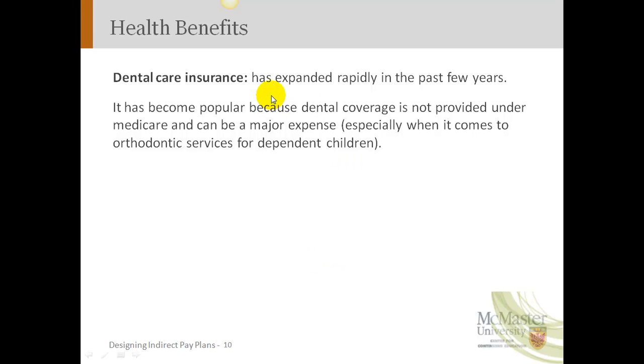Now, you can also have dental care coverage. Dental care has become a rapidly expanding benefit in a lot of employer portfolios, but more so one that an employee makes a decision they're either going to join or not. So in other words, employees are looking very carefully at the availability of dental care and the amount of dental care they get when they decide to join or even stay with a company. It's become very popular because dental coverage isn't provided under your normal health care, and it can be a major expense.